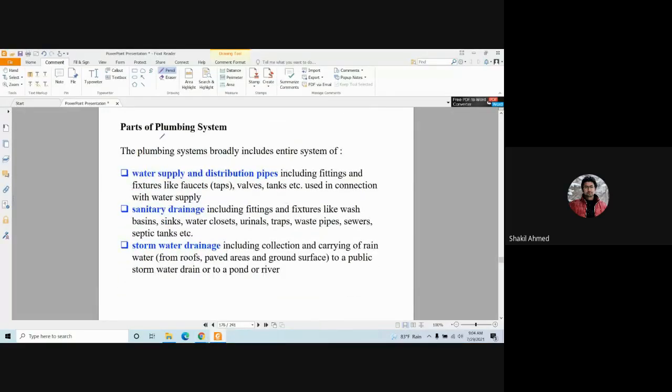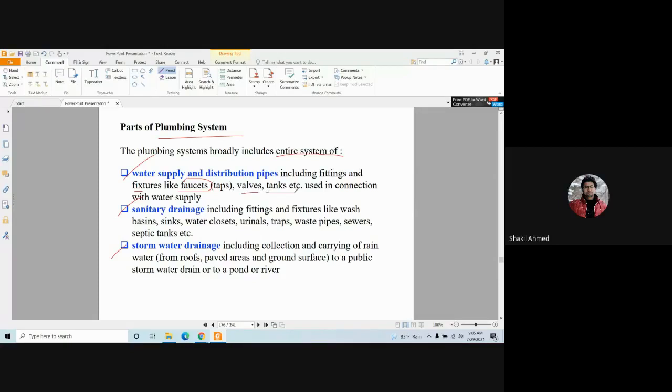Parts of plumbing system. The plumbing system broadly includes the entire system of water supply and distribution pipes, sanitary drainage, and stormwater drainage. Water supply and distribution pipes include fixtures like faucets. Faucet means taps, which you use to get the water.